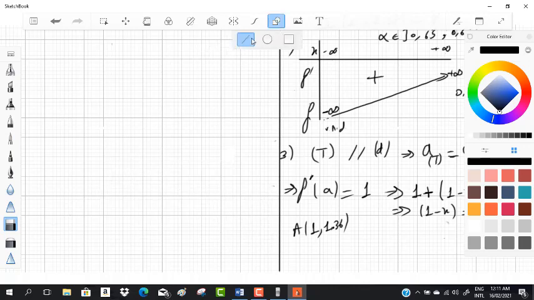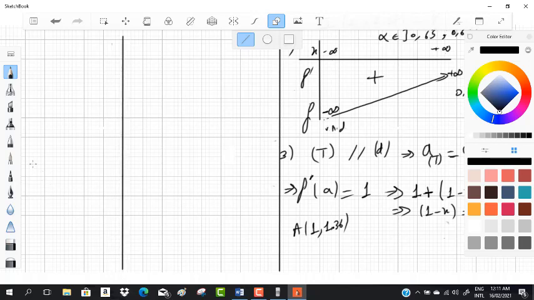So to draw the curve C, I first have to draw an orthonormal system. This is an orthonormal system. First, this is the x-axis, and this is the y-axis.